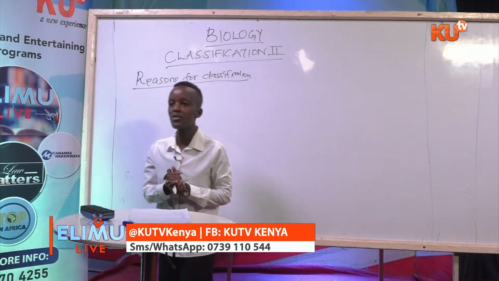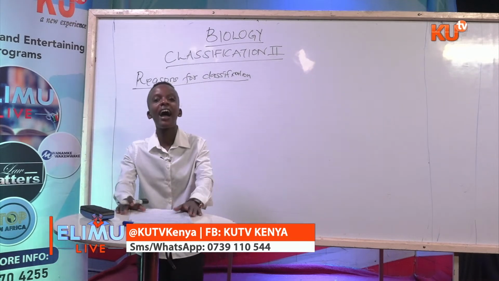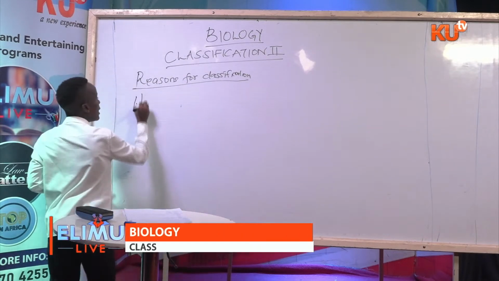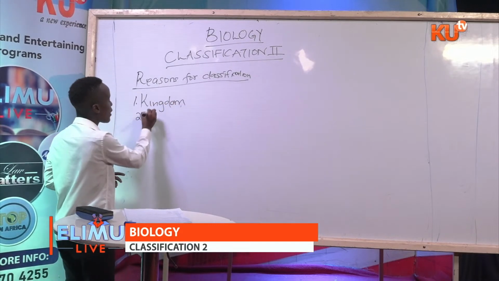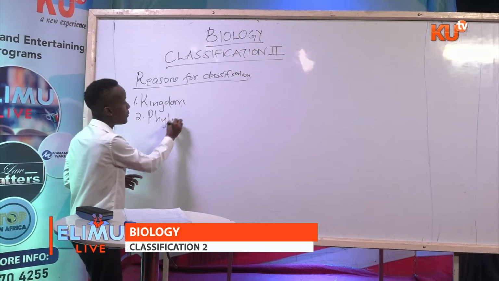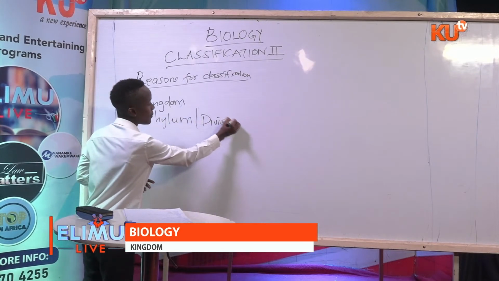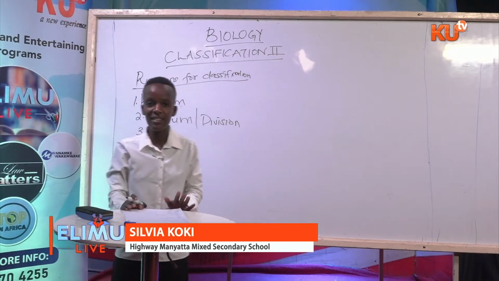Before we continue, let's remind ourselves the taxonomic units of classification. Our first taxonomic unit was kingdom, which is the highest and the largest taxonomic unit. That is kingdom number 1. We have the second one, which is the phylum or the division. Our third taxonomic unit is the class.